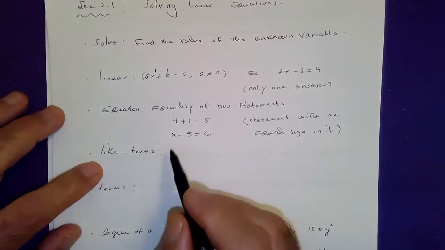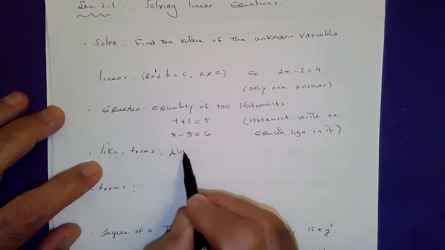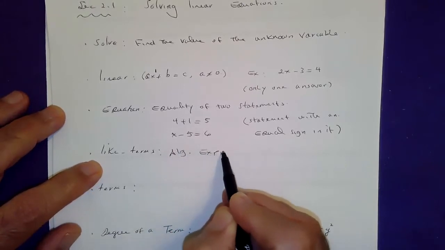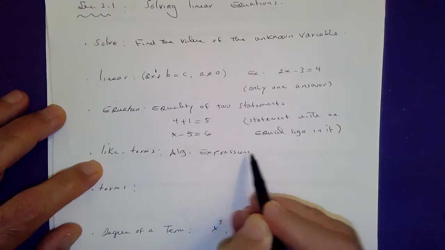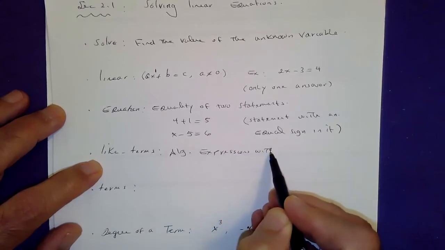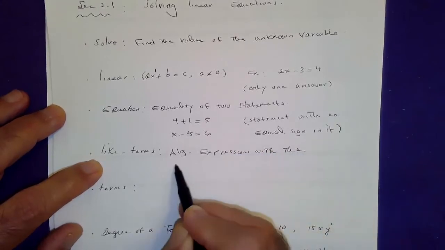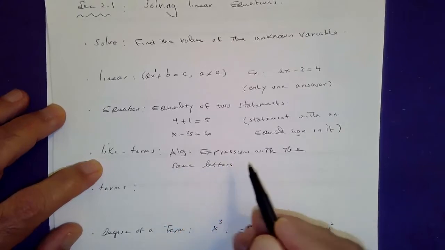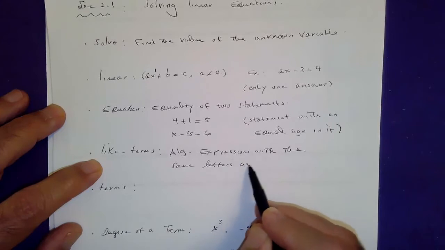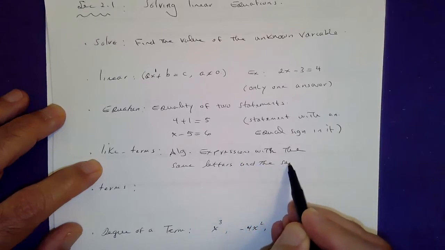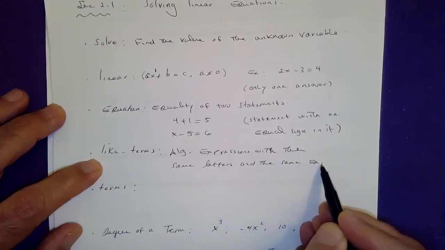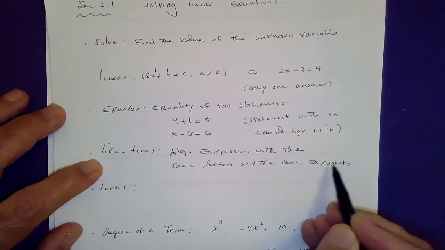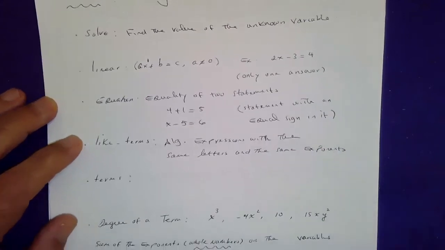What are like terms? These are algebraic expressions with the same letters or unknowns and the same exponents or powers.